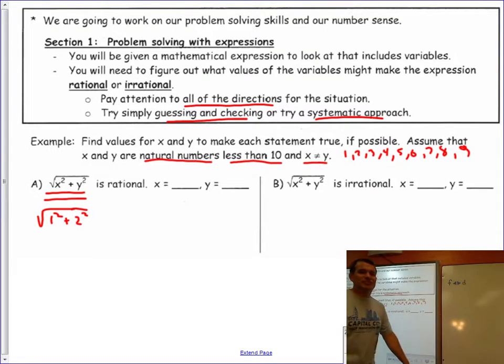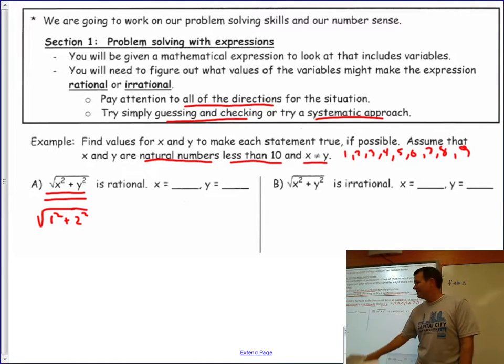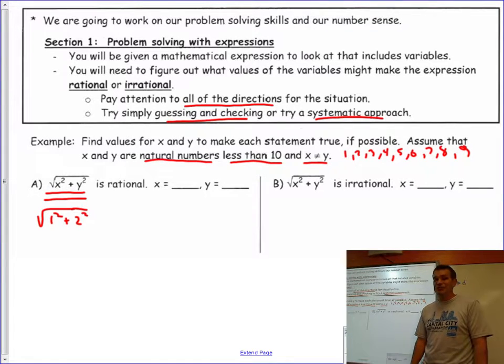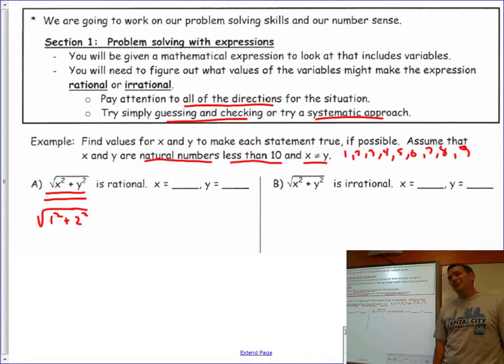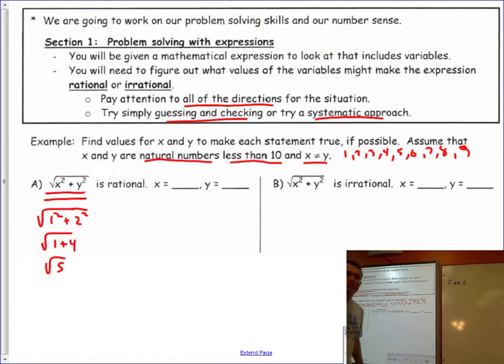I could start just putting numbers in for x and y, like I'm going to try 1 for x and 2 for y. 1 squared plus 2 squared. Let's see. That would give me 1 plus 4. That would give me the square root of 5.